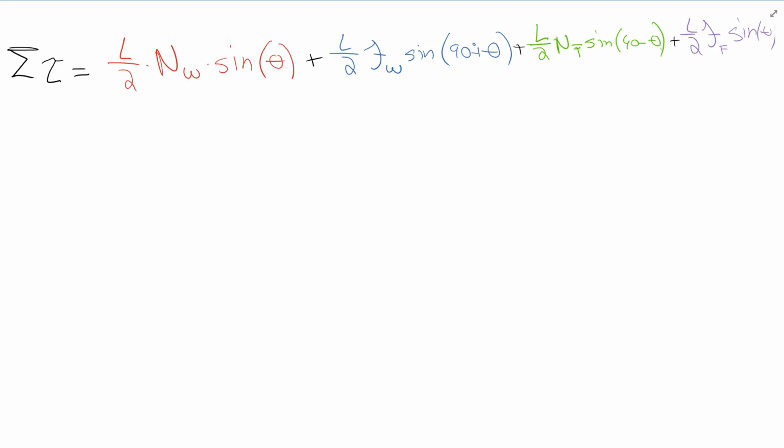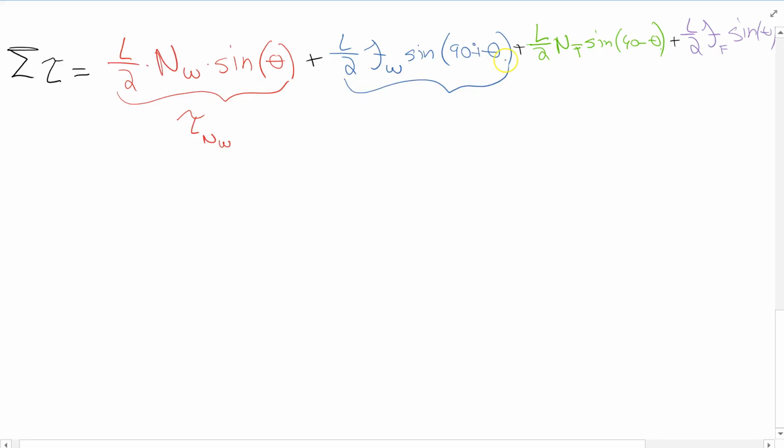All right, so what I've done is I've rewritten our expression for our sum of torques that was up top with the expressions that we found a second ago. I've kept the color coordination. So this term right here came from the torque of NW, the normal force from the wall.